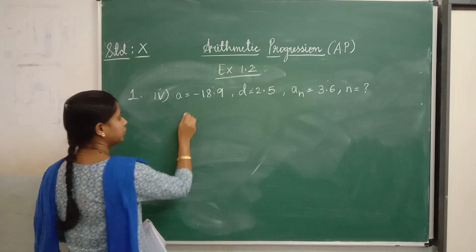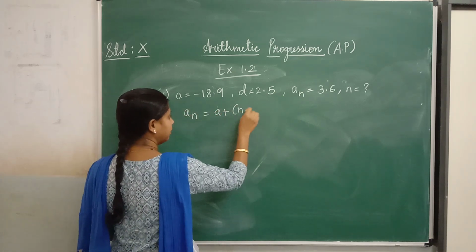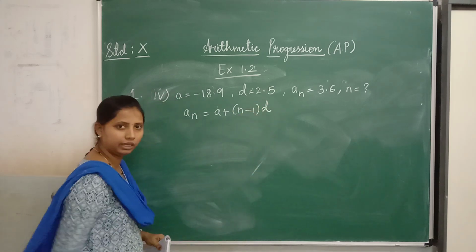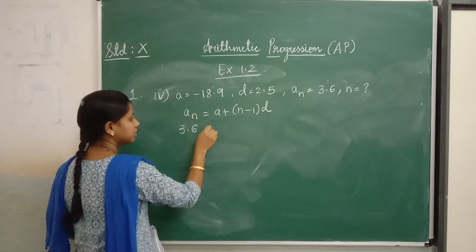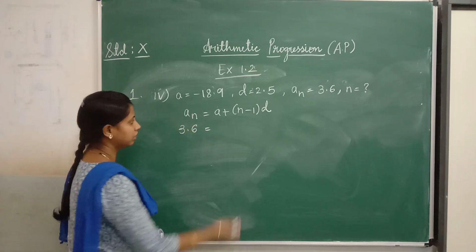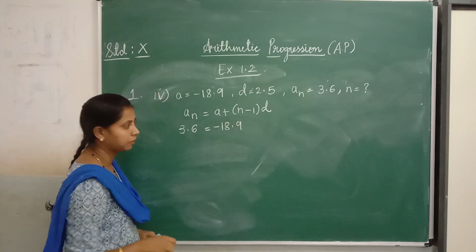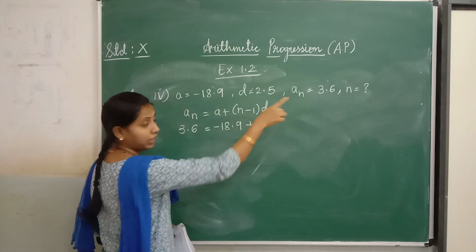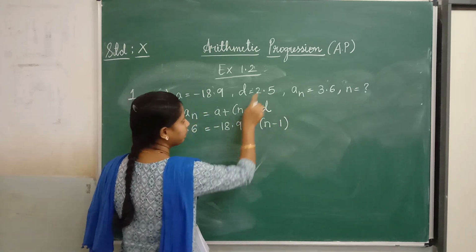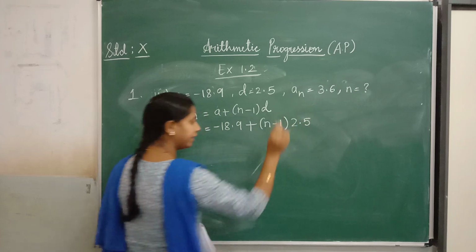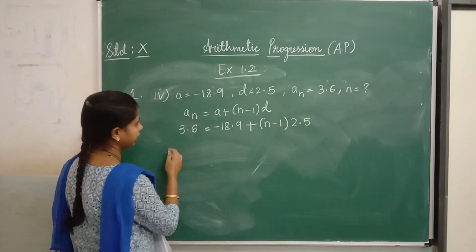So write the nth term of an AP. An is equal to a plus n minus 1 into d. Substitute. An is 3.6. Just substitution. What is a? Minus 18.9 plus n minus 1, n we have to find, into d. D is nothing but 2.5 children. Now simplify.